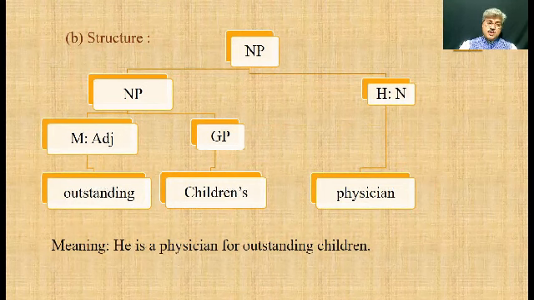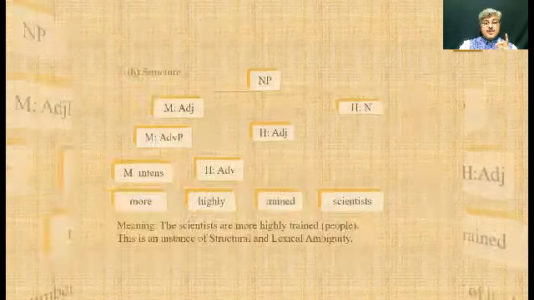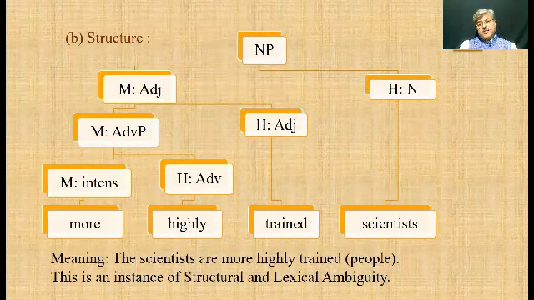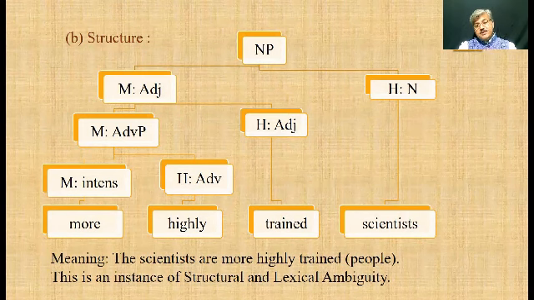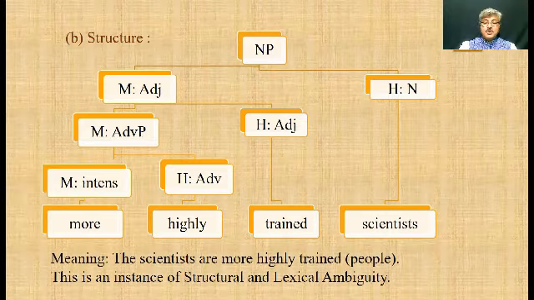Here, the number is more of highly trained scientists. And in the second meaning, we need more highly trained scientists. It means the scientists are more highly trained people. This is an instance of structural and lexical ambiguity.